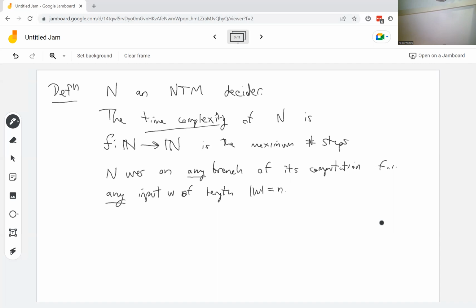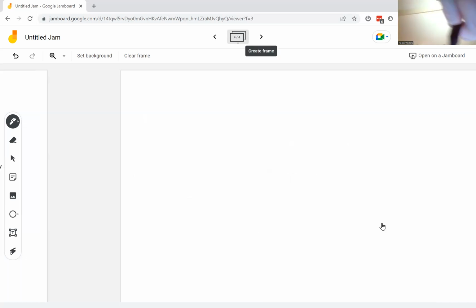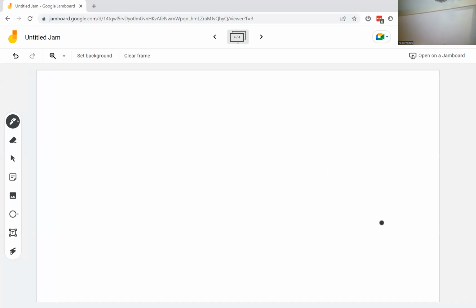Okay, so just to draw a little picture, if we had an input of size n, this f(n) is referring to the depth. And just like before with deterministic time, we can define time classes for languages. So let's define it like this. Before we had TIME, so now I'll write NTIME for the non-deterministic time class.